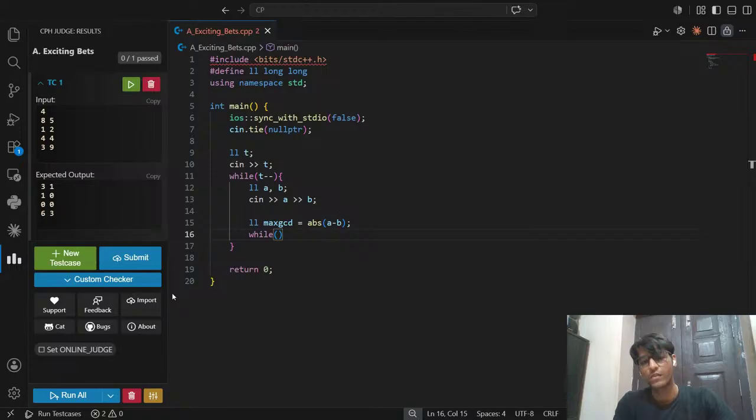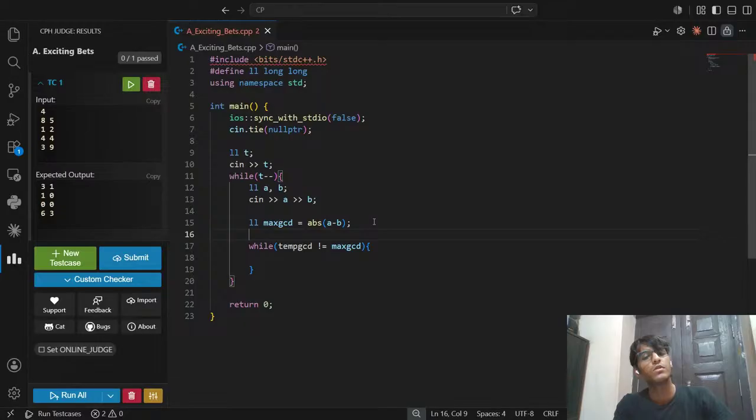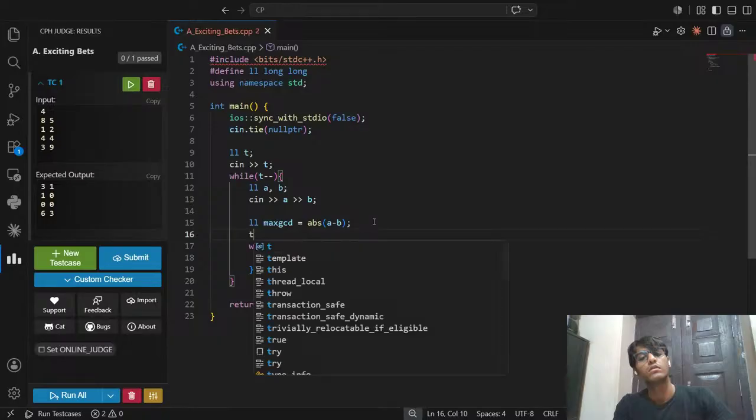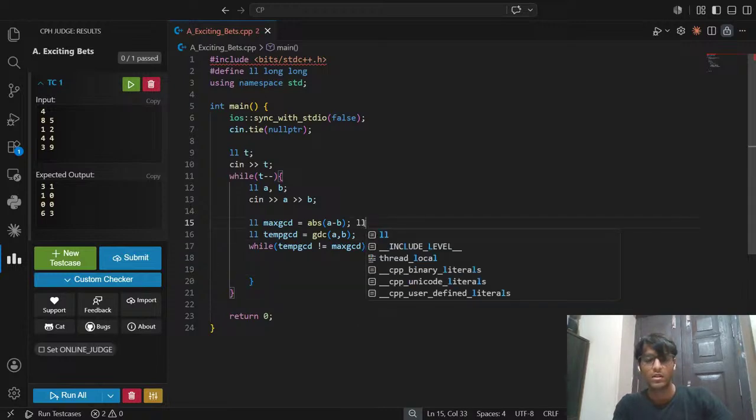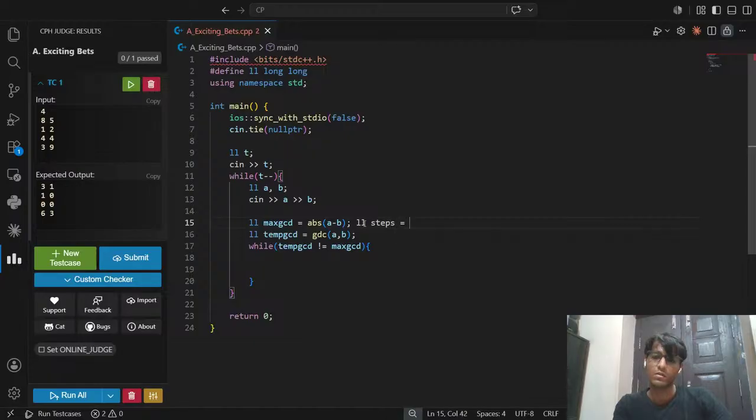Let's take a temp GCD. While GCD is not equal to max GCD, first let's take the temp GCD, which is equal to GCD of A, B, and then steps is 0 for now.